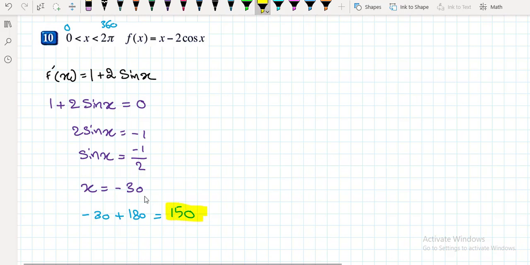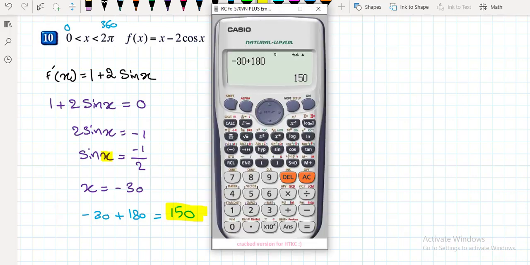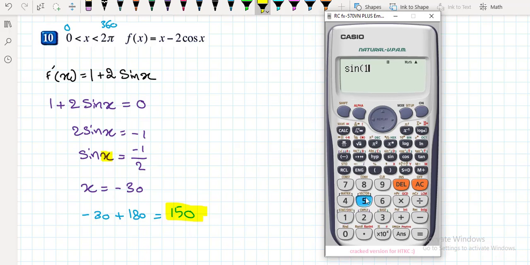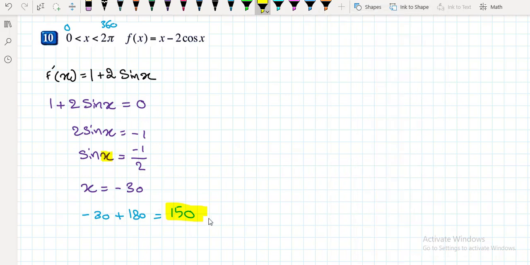If it's the correct answer, when I write it here, I should get the result negative 1 over 2. If not, I don't accept 150. Again, using the calculator, sine 150 gives the result 1 over 2. Then this 150 is not acceptable. This answer is rejected. You don't spend time on it. It's just reject.